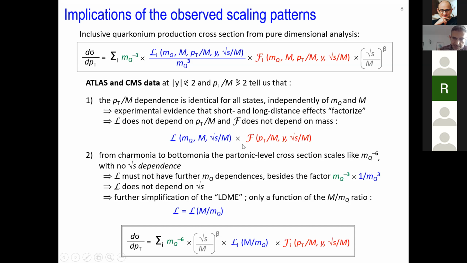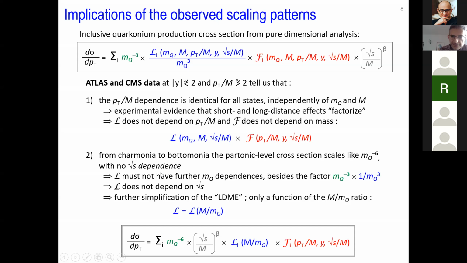Then we apply the other observation, that the normalization of the cross-section from charmonium to bottomonium scales like the mass of the quark to the minus 6, and it has no apparent energy dependence. So this means that the factor m to the minus 3 times m to the minus 3 that we have here at the beginning of the formula is sufficient alone to describe all the required quark mass dependence.